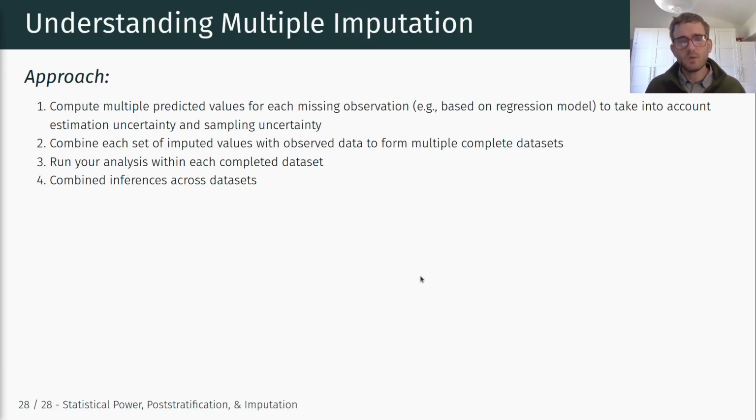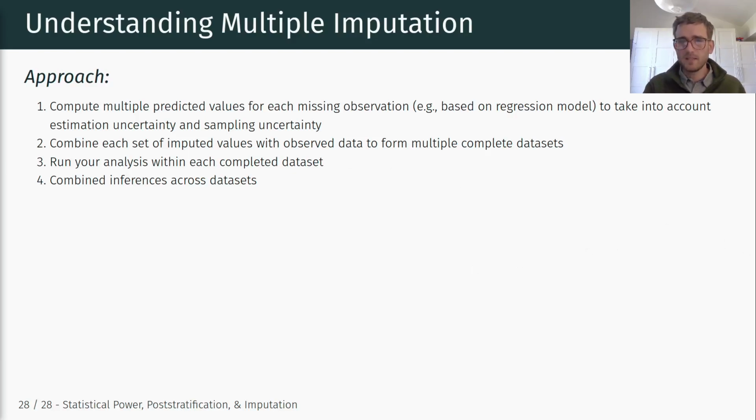Okay. What we do then is we run our analysis within each completed data set, right? So rather than running one model, we run 5 models for each of those imputed data sets and then combine the inferences across data sets, okay?